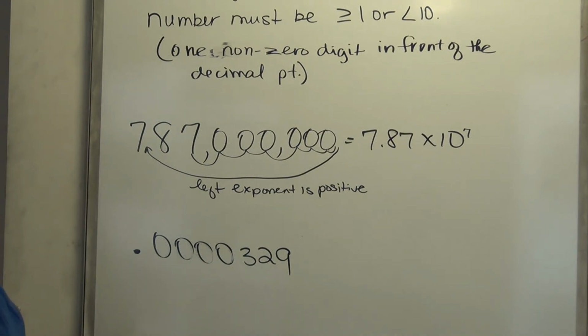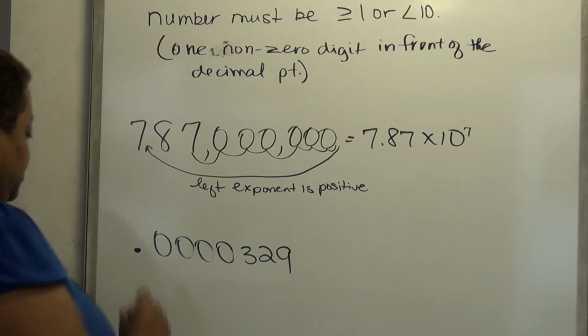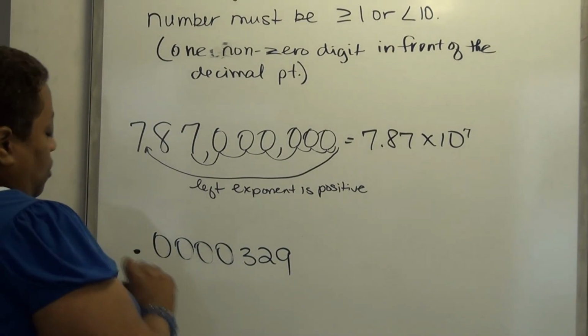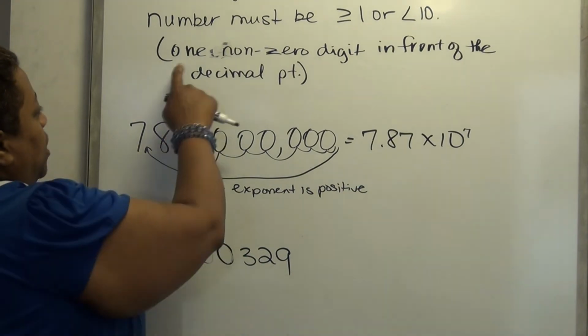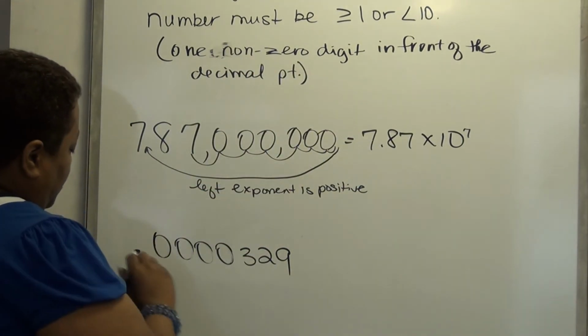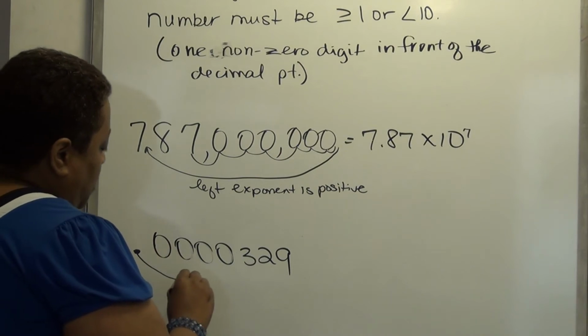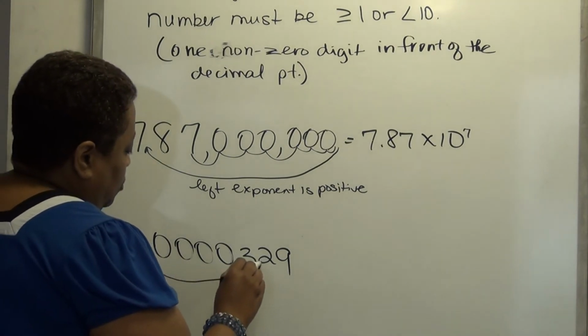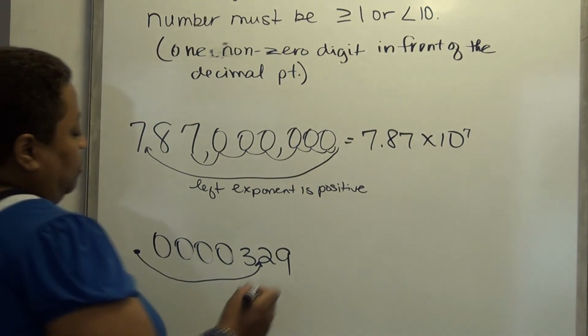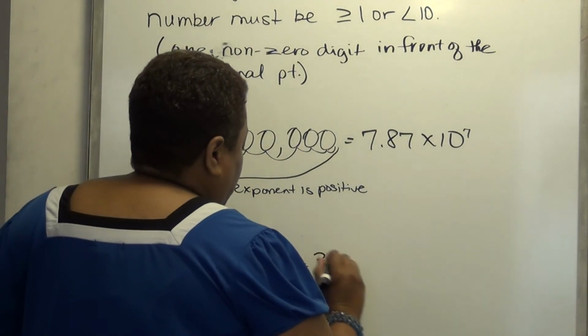You need a microscope to look at it because it is so small. So we need a non-zero number. Remember, one non-zero digit in front of the decimal point.